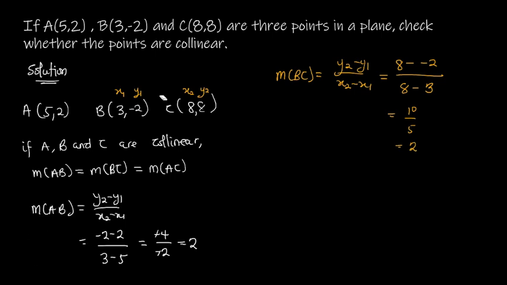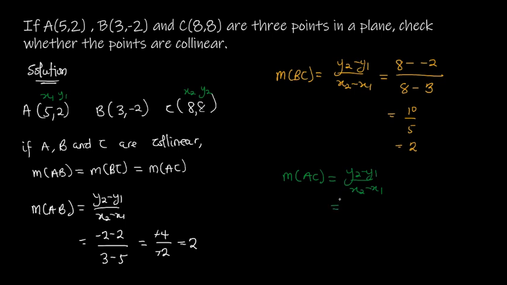Alright, so let's go ahead and calculate the gradient of the last set of points, that is A and C, to see if we'll get the same result. So the gradient of the points AC is equal to, for AC, my A becomes my first point, so I have x1, y1, and then x2, y2. Alright, so I can go ahead and quote my slope or gradient formula, which is y2 minus y1 over x2 minus x1.